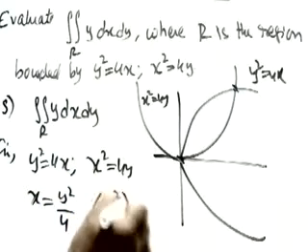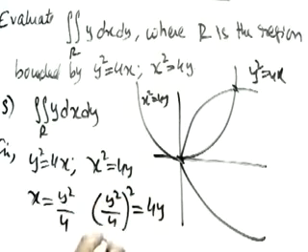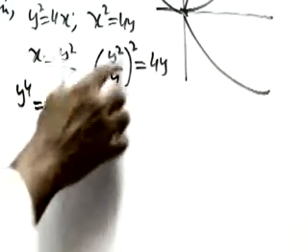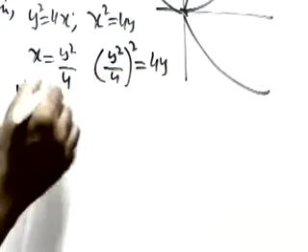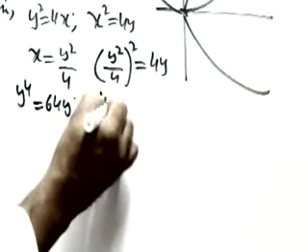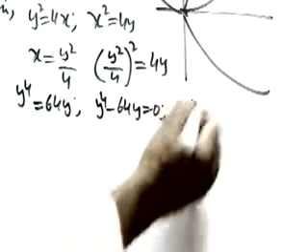Put here x as y square by 4, then whole square equals to 4y. Y square whole square becomes y power 4. Y power 4 by 16 equals to 4y. Bring this here, 16 4s are 64y. Bring this to the other side, this will become y power 4 minus 64y equals to 0.